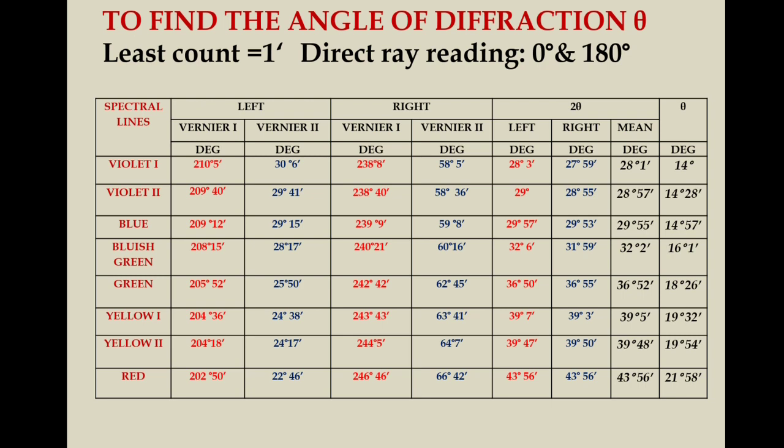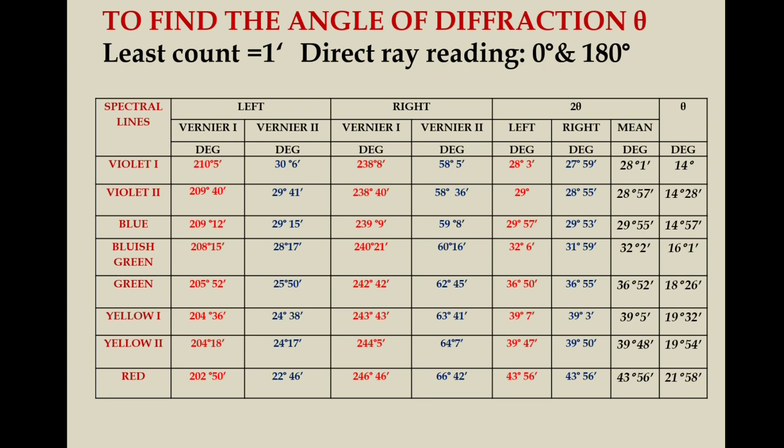Now look at the 2 theta values of left and right. For the left it is 28 degree 3 minutes, and for the right it is 27 degree 59 minutes. Almost the same. Throughout, from violet 1 to red, we could see the left and right readings of 2 theta are almost the same. So we can take the mean.